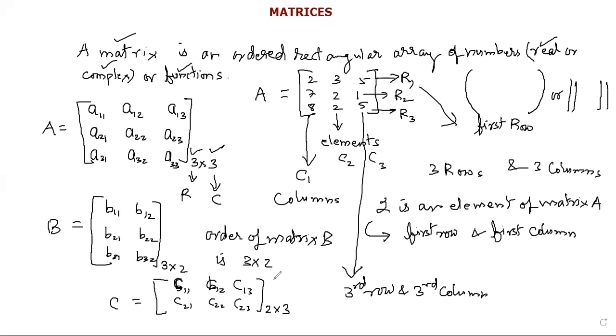This order matters. What is the order of matrix C? Order of C is 2 by 3. The first number always represents the row, and the second represents the column.